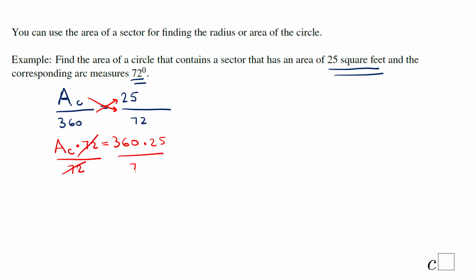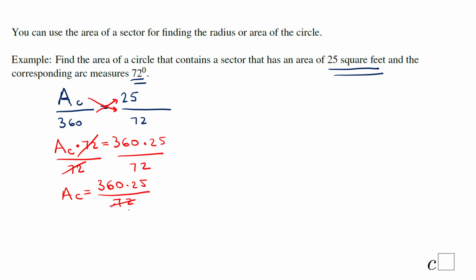Obviously, we're going to do the same thing on the right side. So the area of the circle will be this expression. I'm going to try to do it without a calculator. 360 and 72 both are divisible by 6.